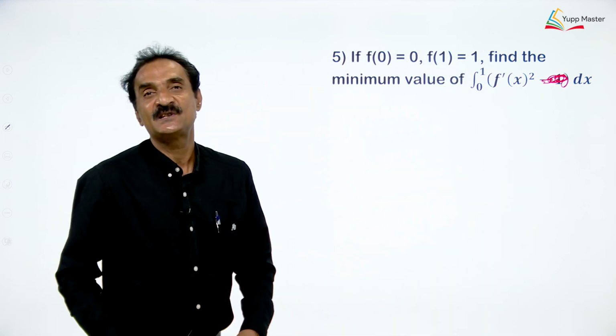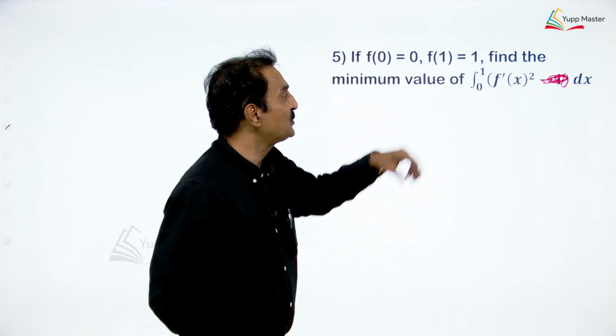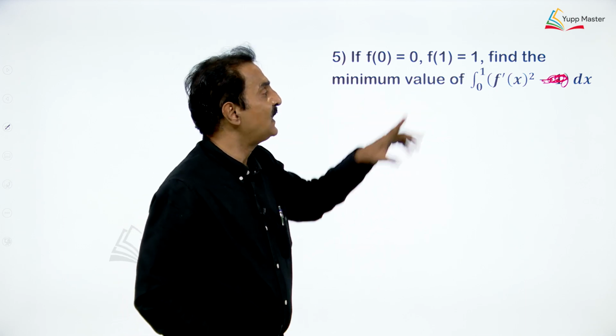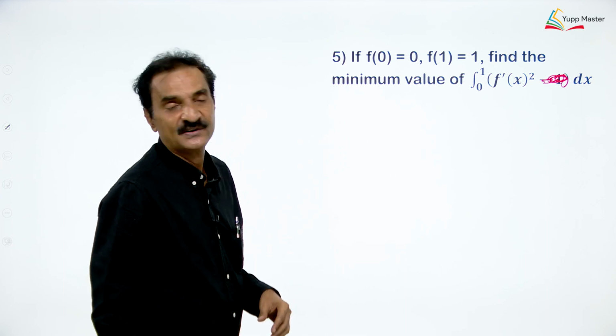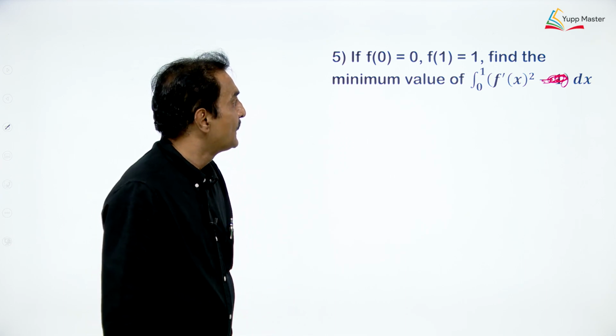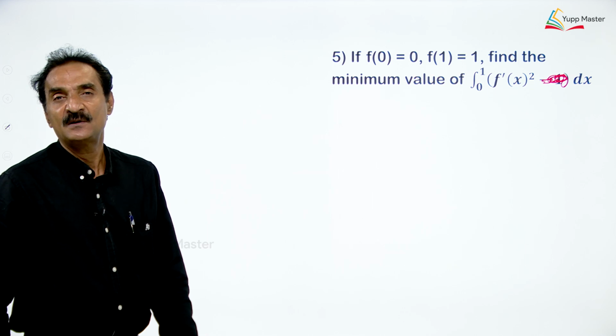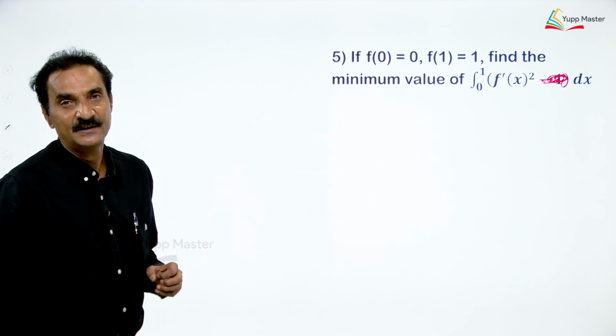If f of 0 is equal to 0, f of 1 is equal to 1, find the minimum value of integral 0 to 1 f dash x whole square dx. This is based on Cauchy's inequality.